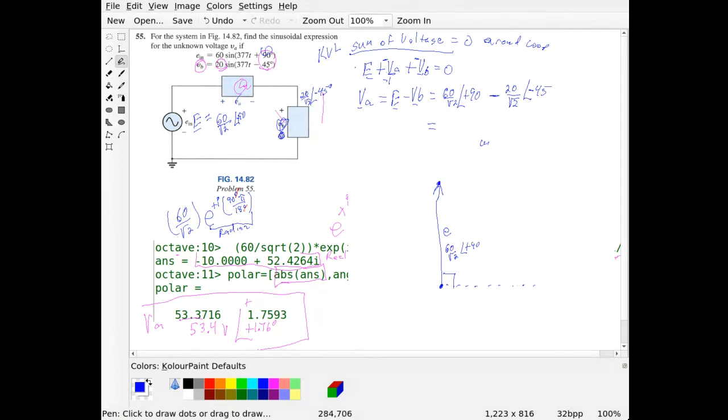Now, VA is minus 45 degrees. It's minus 45 degrees here.